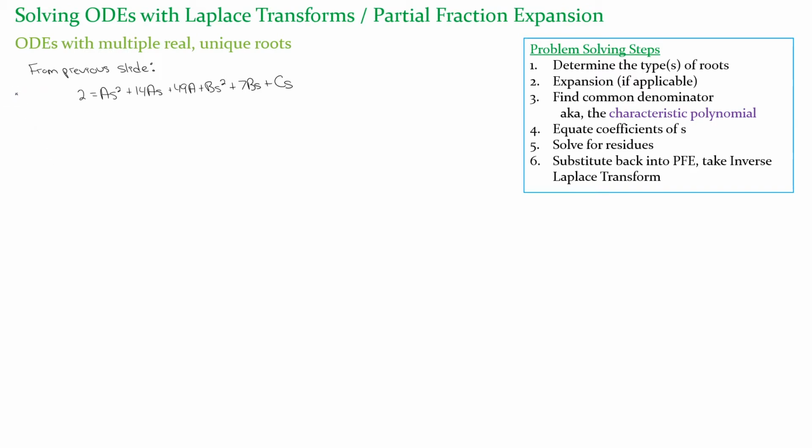So for this problem, I'm going to add a 0s squared and a 0s to the left-hand side, because as I equate the coefficients of s, I'm going to have my s squared terms, my s terms, and my 0th order terms.